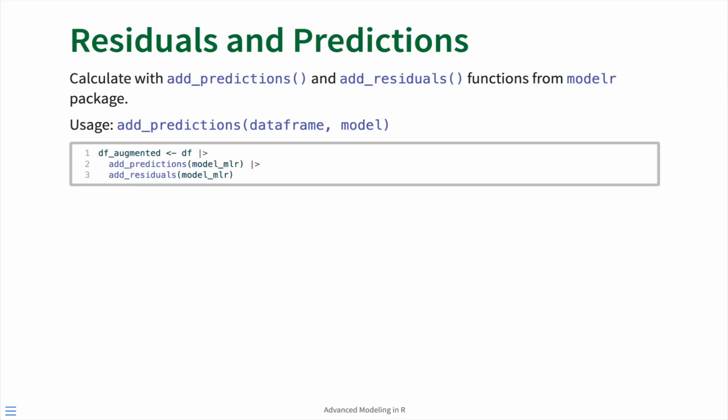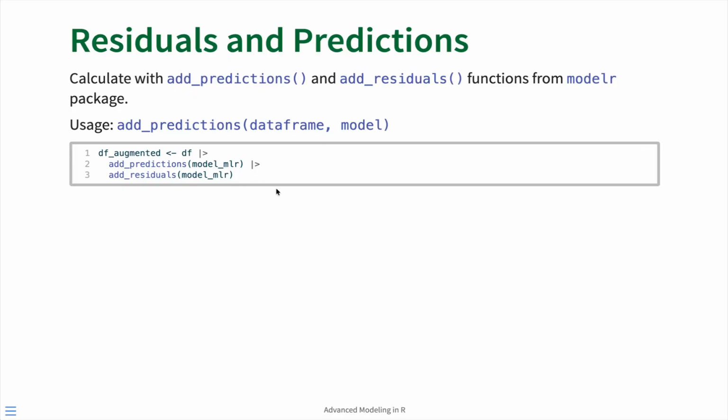We can calculate the predicted values and the residuals using two functions, add_predictions and add_residuals, which are part of the modelr R package. Each of these functions takes a data frame as the first argument and a model as the second argument. And so we can write code like you see here, where we start with the data frame we use to create the model, we pipe it to one of the functions and write in the model as the second argument, and then pipe it onto the next function, again writing in the model as the second argument.